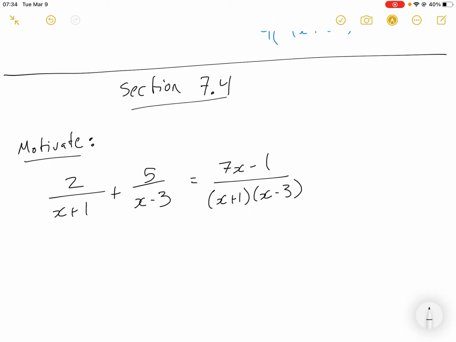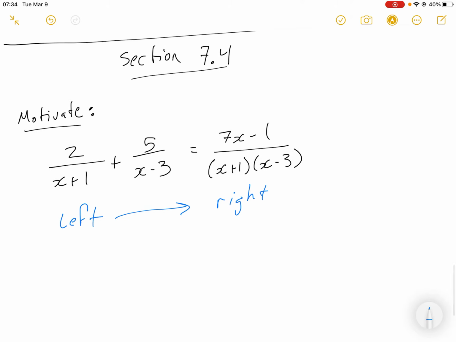So you could show this, you could do this out. Now, in all of the other examples, we've gone left to right. So we started with some sort of expressions to add. However, in calculus, it's often useful to be able to go back the other way.